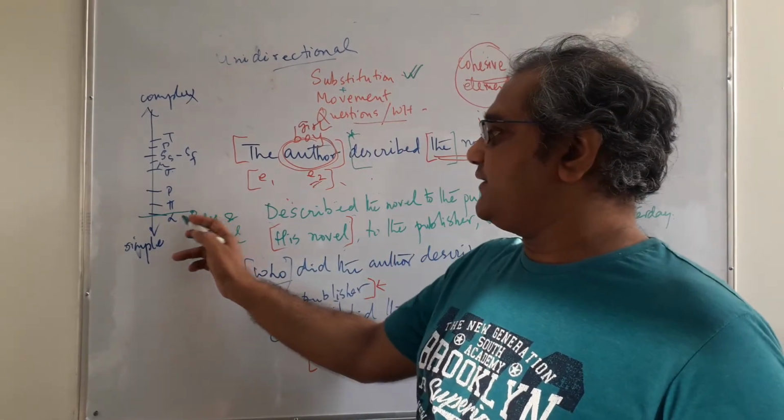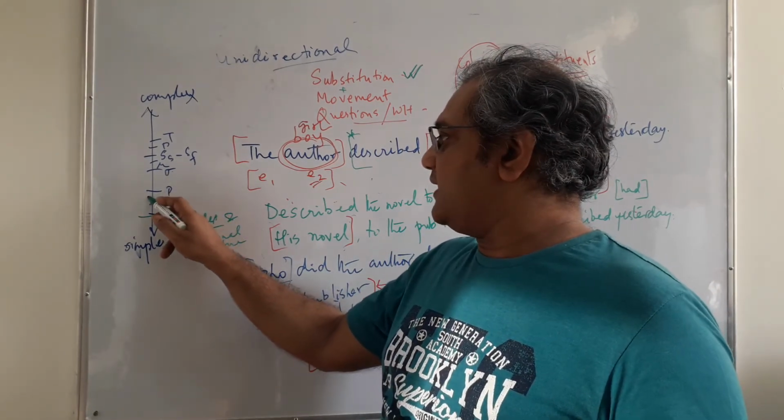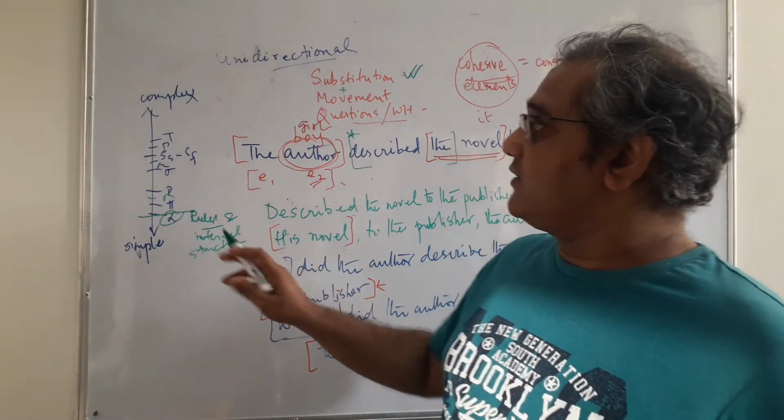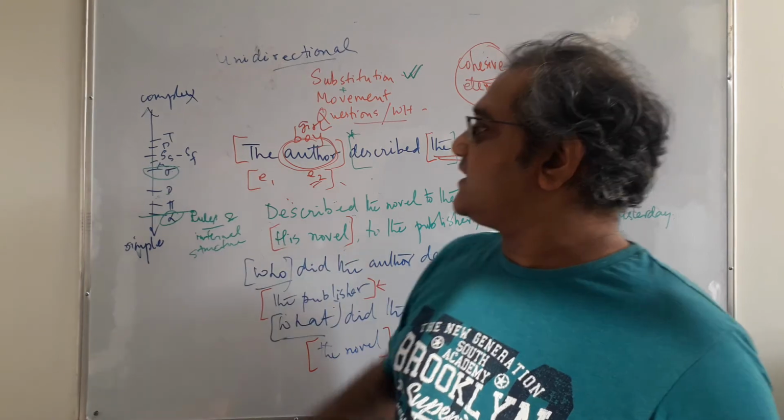So you will have the alpha level having its own internal structure, the pi level and the syllabic level having their own. Syllabic level is up here.